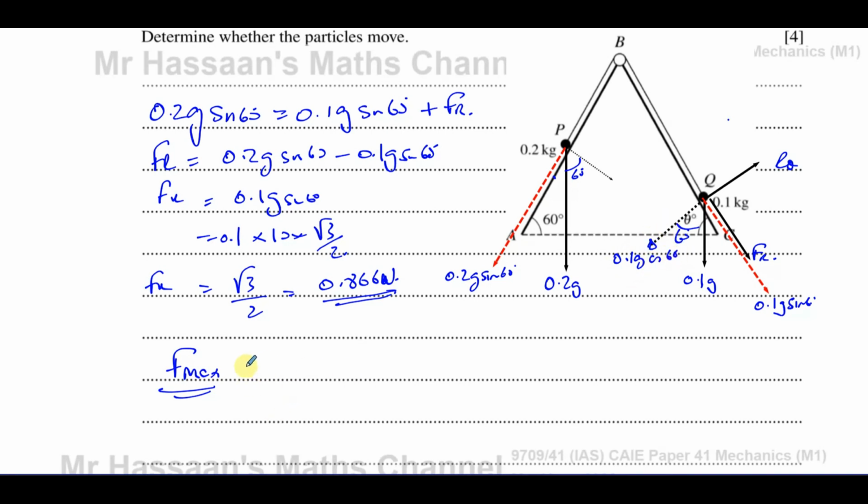So F max is equal to mu times RQ, which is 0.7 times 0.1 g times cosine 60. So it's 0.7 times 1 times a half, 0.5, which is 0.35 newtons.